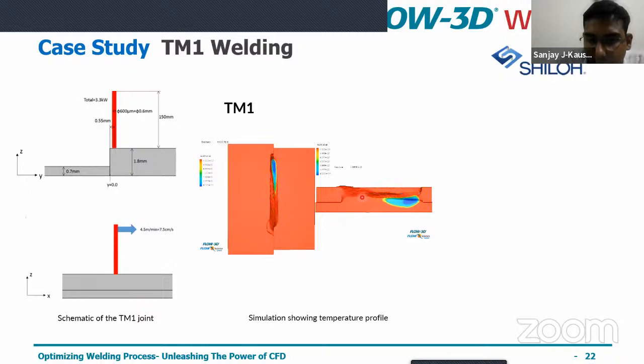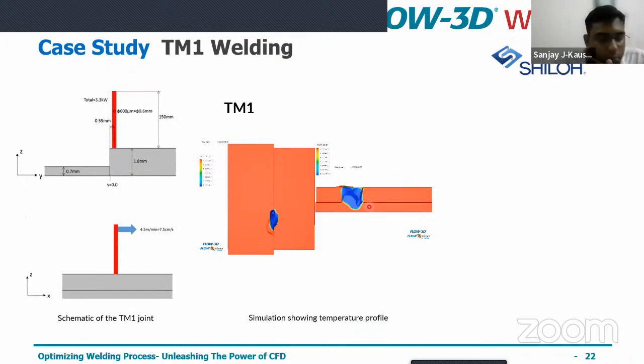What we are trying to see here is only the solidification front. The blue represents the liquid state, the metal in liquid state, and the red represents the solidification front. So what we are trying to get out of it is how fast my cooling is going on, and from which direction my cooling is going on.